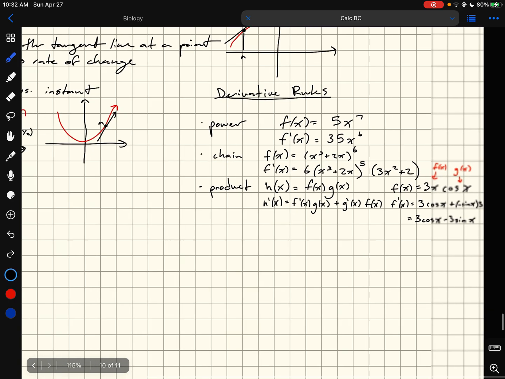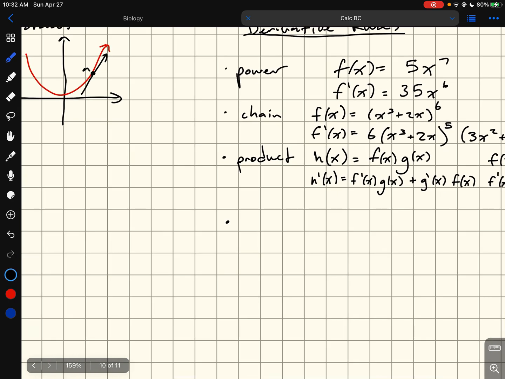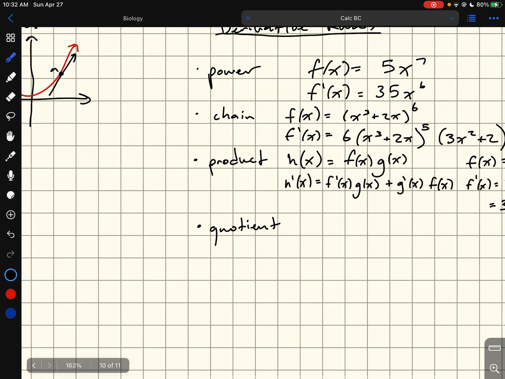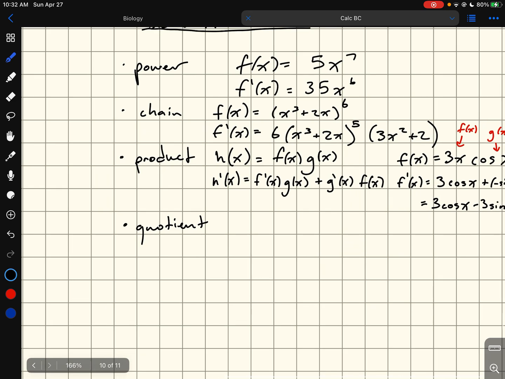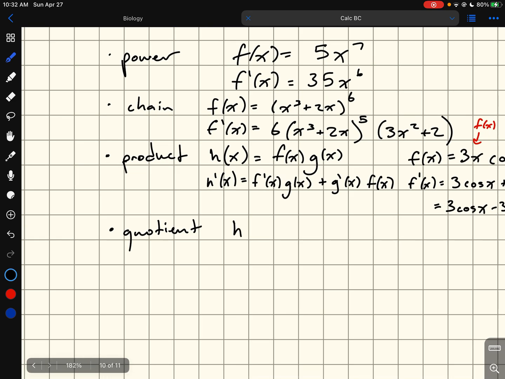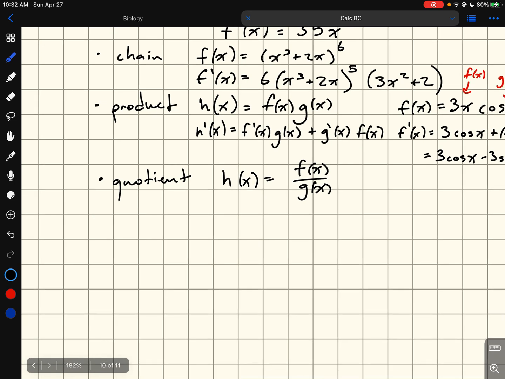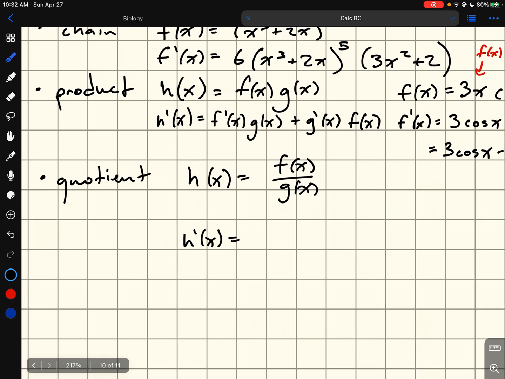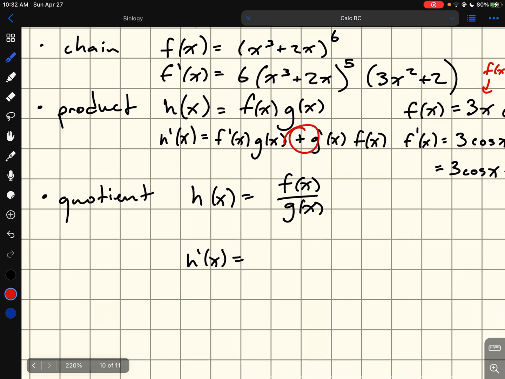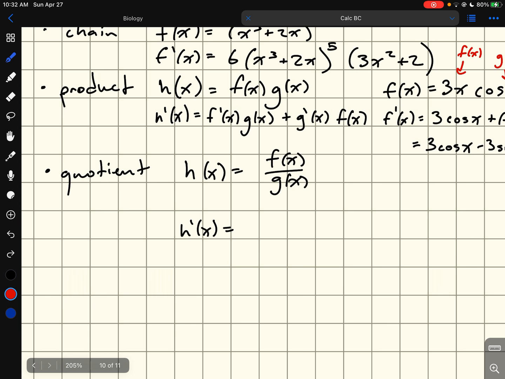And then we have quotient rule, so this line. Okay. So I'm going to do both a general and then a specific example again. So this time you're still doing that alternating of which one you're taking the derivative of, but instead of getting added together, like in product rule, you're going to subtract them.